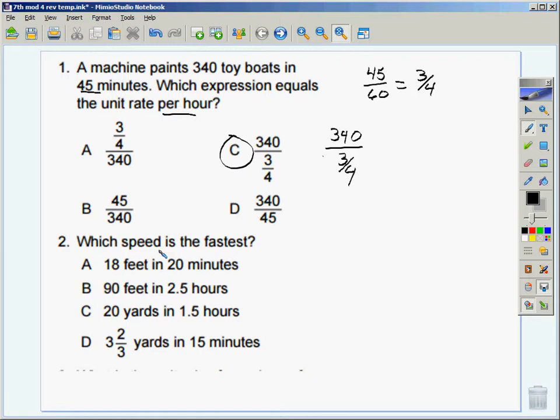When I go to do number 2, I've got to make sure that I'm comparing the same units. So I'm going to convert everything to feet and everything to hours.